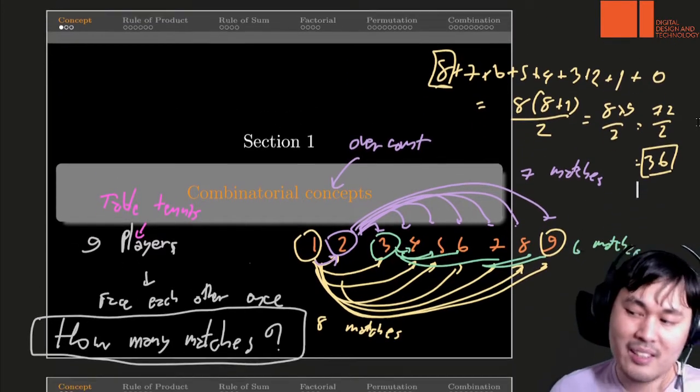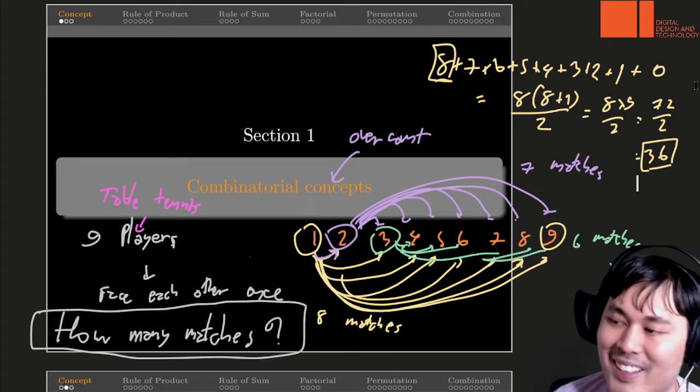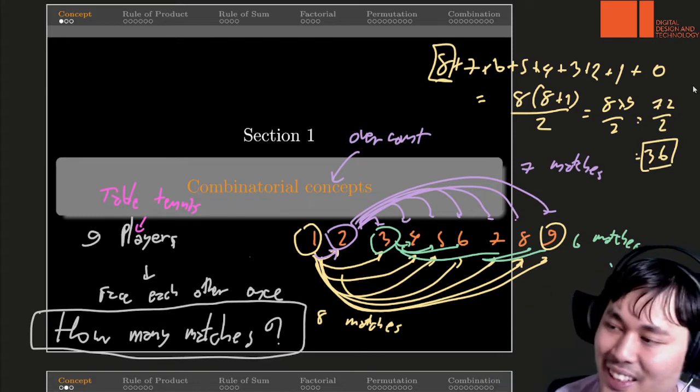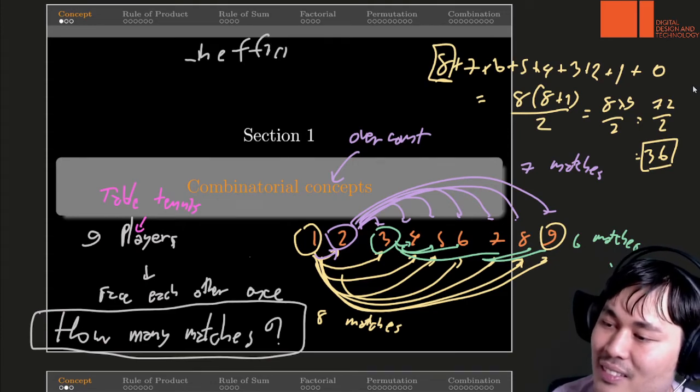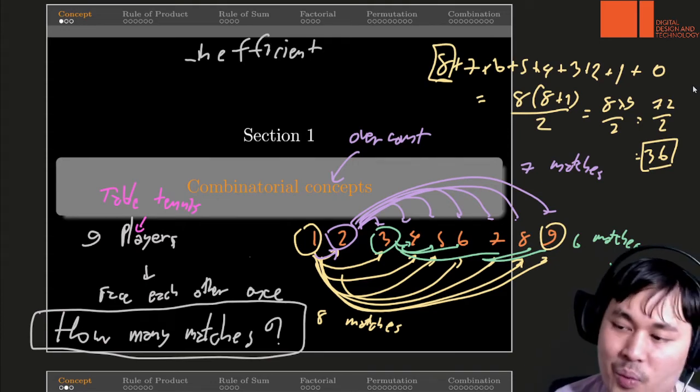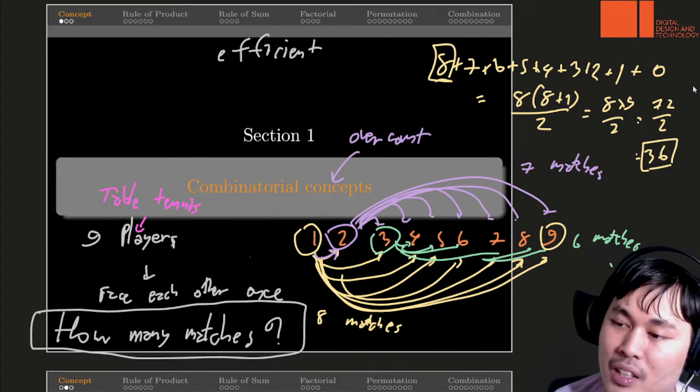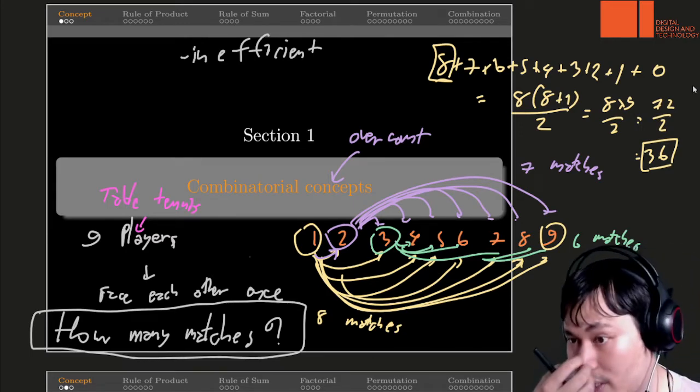And the reason I suggest this way first is because you can see that it is kind of inefficient. I mean, it works. If you have no clue, or no other idea, this works.